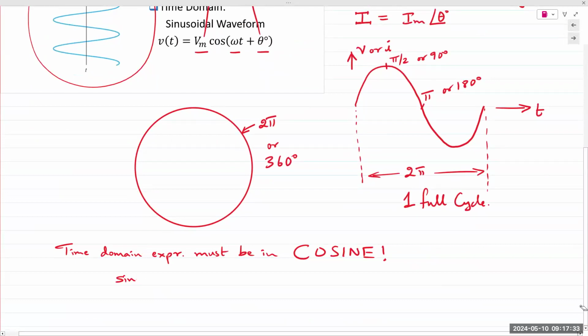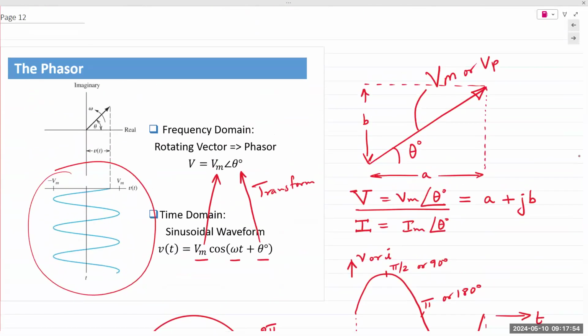Sine x is equal to cos of x minus 90. Again, it's a right angle triangle, right? So the far end of the vector forms a 90 degree angle here. So the sum of these two angles is equal to 90. That's where it comes from.